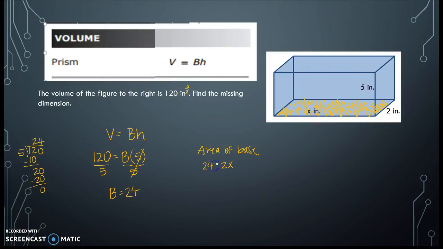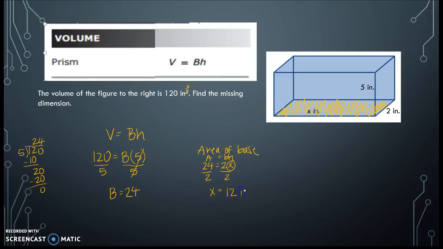So 24 equals 2x. And I know I'm working with area equals base times height because it's a rectangle. So I want to get x by itself. I'm going to divide by 2, divide by 2. So x, the base of the area of the base, is 12.